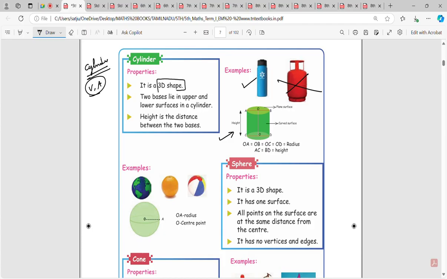It's a 3D shape. Two bases are there in the bottom and upper surfaces, and the center part is nothing but the curved surface. That is why you find out the total surface area and the curved surface area while you are solving the mensuration problems. For your competitive exams, they will not ask you only curved surface area or total surface area.